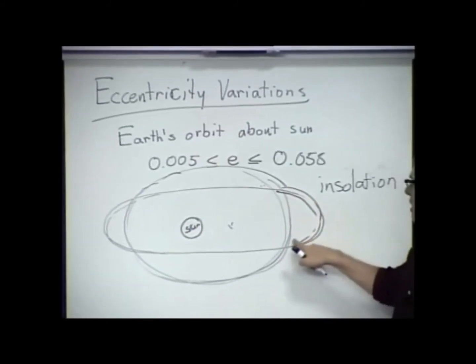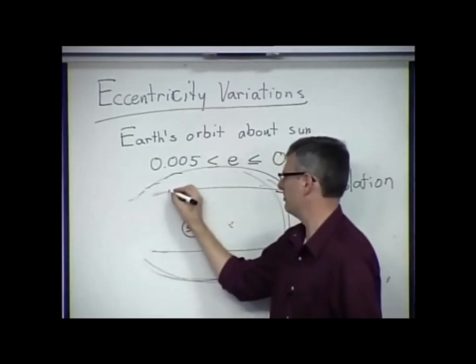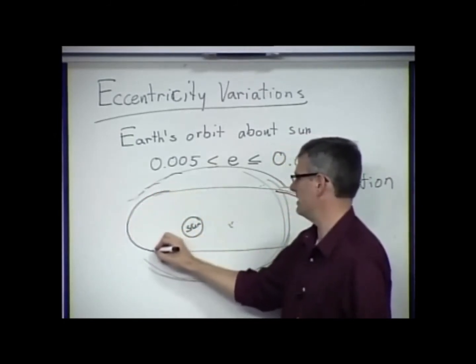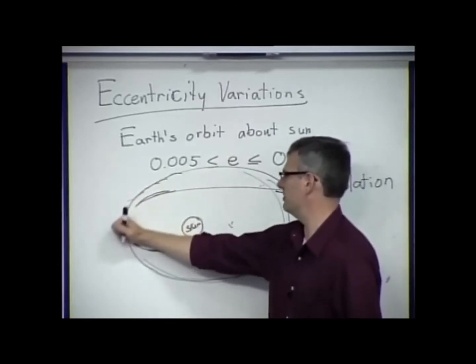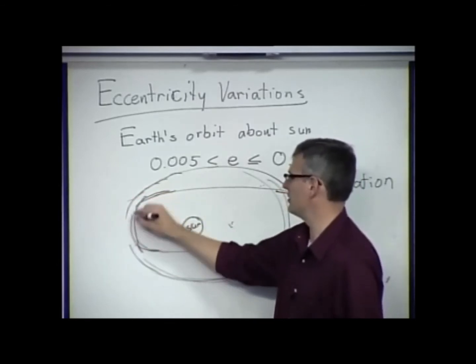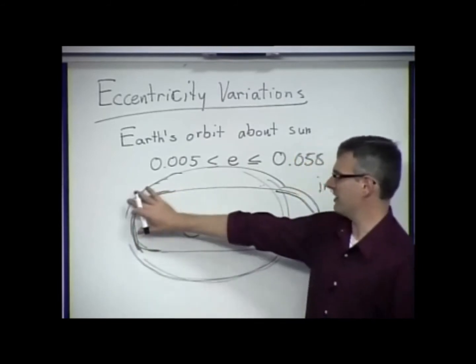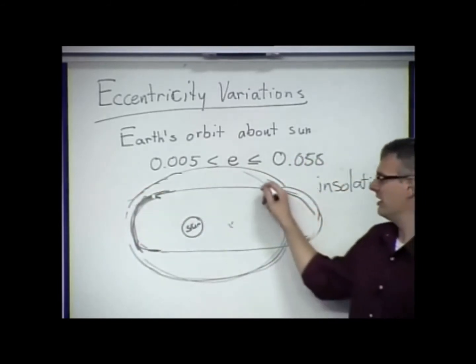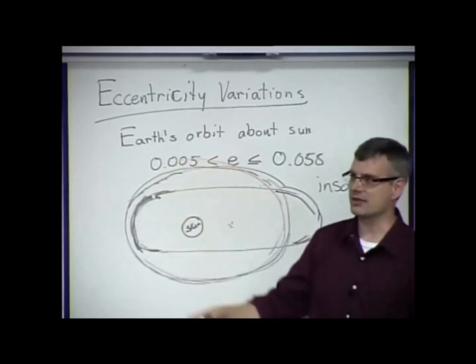This is the low insolation. And actually, I should probably draw it more like this if I want to equalize the semi-major axis. This might even be shorter. This would be a region of high insolation. Well, you think, I got high insolation, I got low insolation. The amount of average insolation, if I average over the path, should be the same.